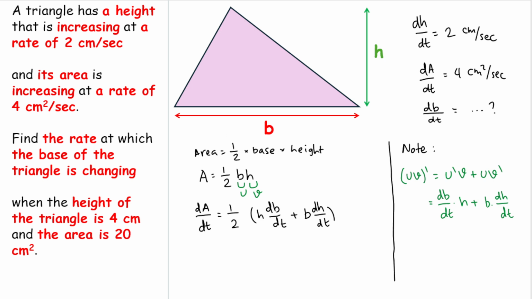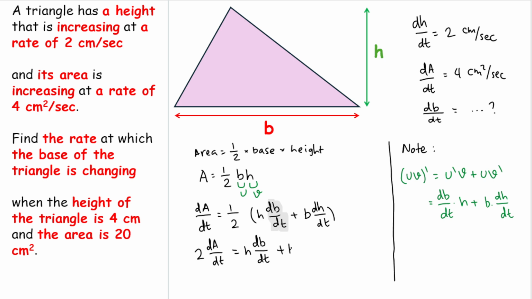Good, but then we need to find out what is this one, right? dB/dt. Maybe let's isolate that. So we will have 2 dA/dt, and then here we will have that equal to h dB/dt, and then what else?